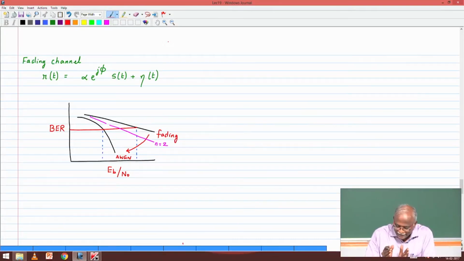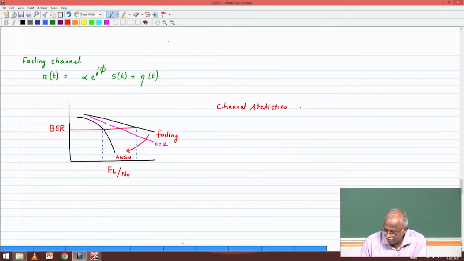So from a statistical description, I am trying to change the channel statistics. When I have non-line of sight, a large number of multipath components and no dominant component, this is going to give me Rayleigh.